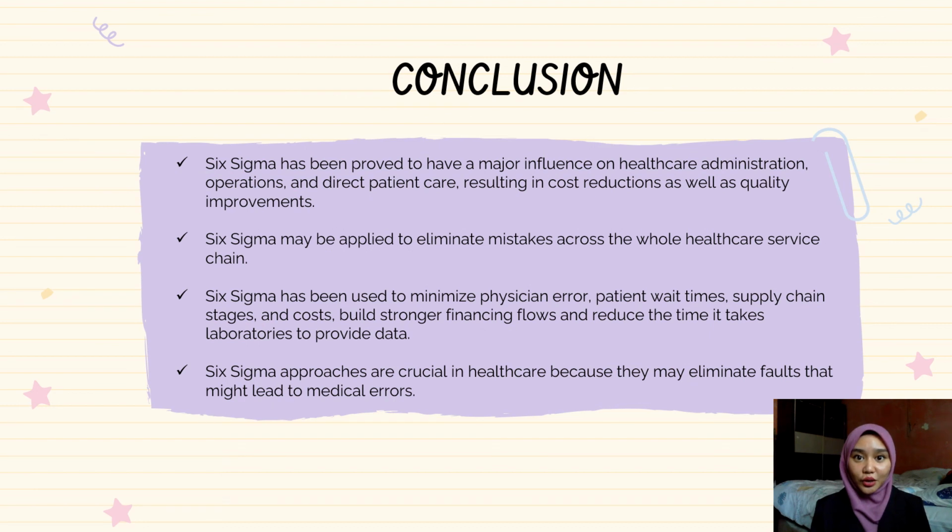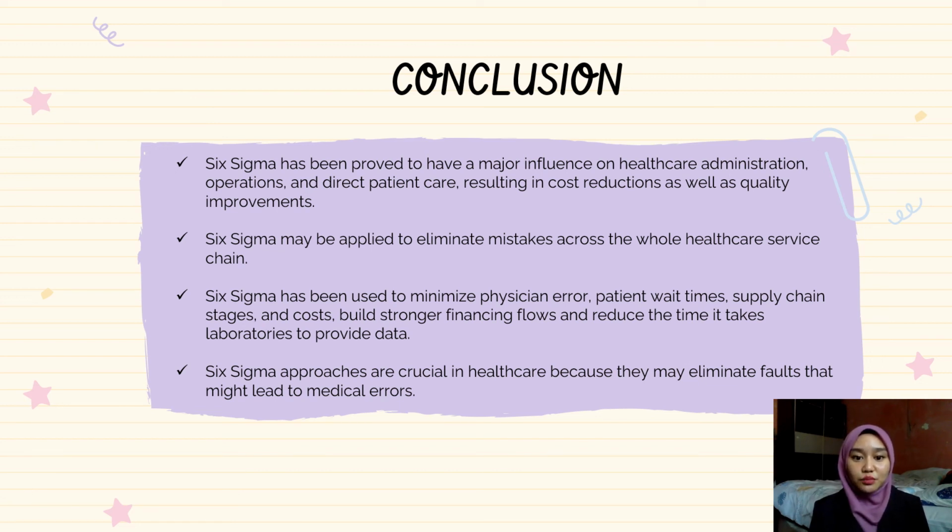As for the conclusion, Six Sigma has been proved to have a major influence on healthcare administration, operation, and direct patient care, resulting in cost reduction as well as quality improvement. Six Sigma may be applied to eliminate mistakes across the whole healthcare services chain.